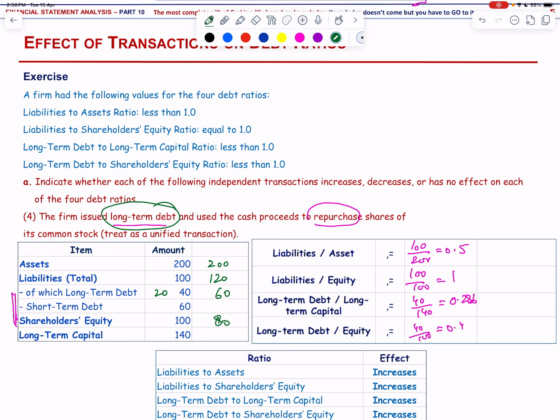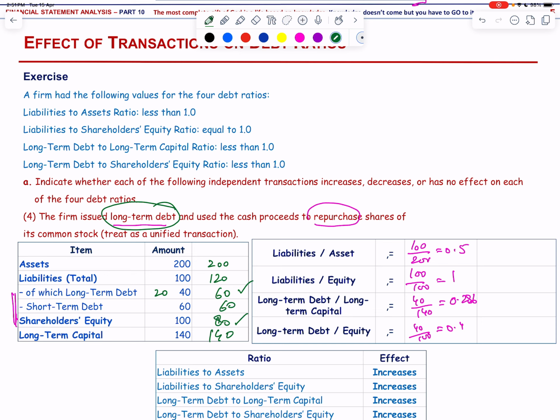The long-term capital is going to be 60, the long-term debt, plus 80, the equity. So 80 plus 60 is 140. The short-term liabilities remain the same, that is 60. So once again we are going to calculate these ratios.